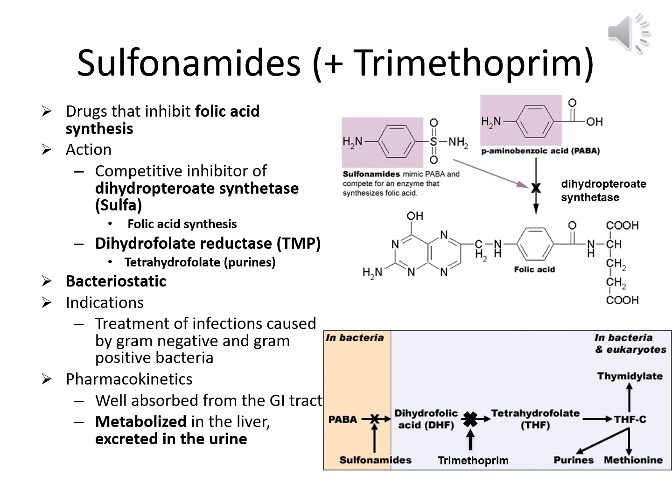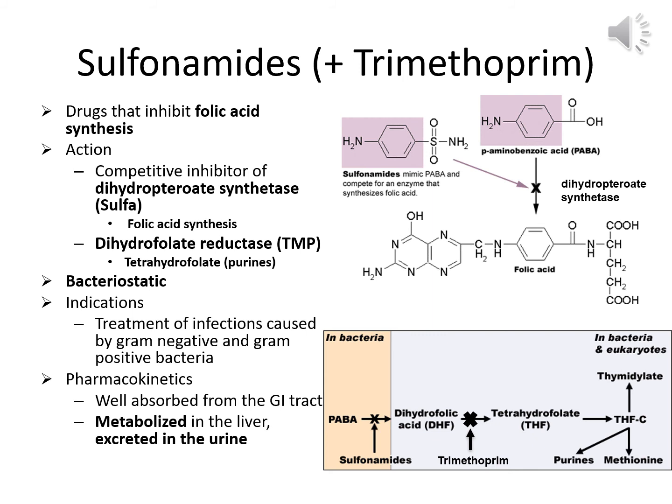I try to say that one 5 times fast. It's a competitive inhibitor for that, and so we as mammals don't need that, but some bacteria do. And trimethoprim actually inhibits another enzyme kind of down the pathway, and that enzyme is dihydrofolate reductase.